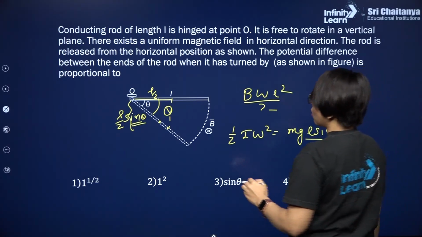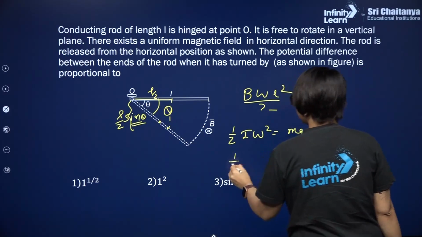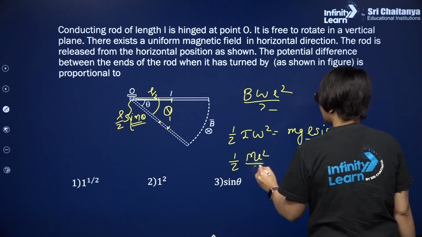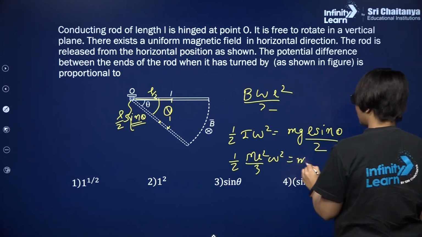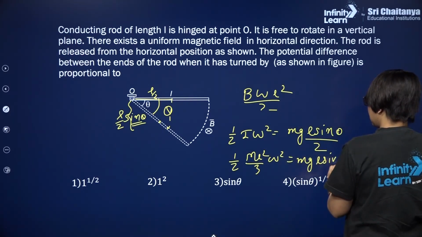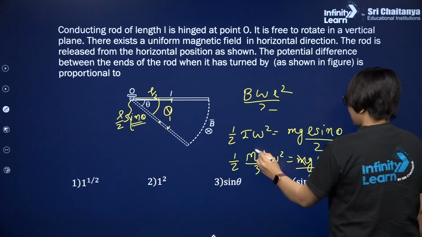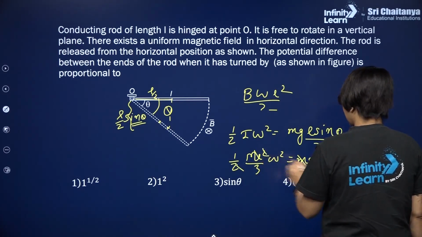This is a rod hinged at one end, so I will be ml square by 3, into omega square is equal to mg L sine theta by 2. So m cancels, 2 cancels, L cancels.